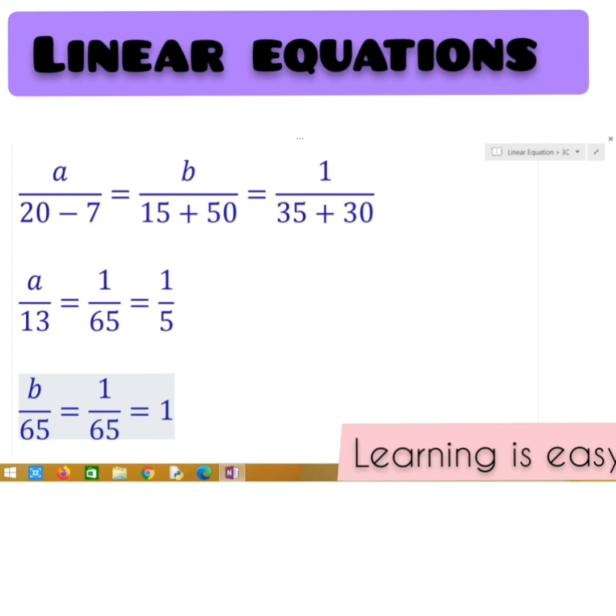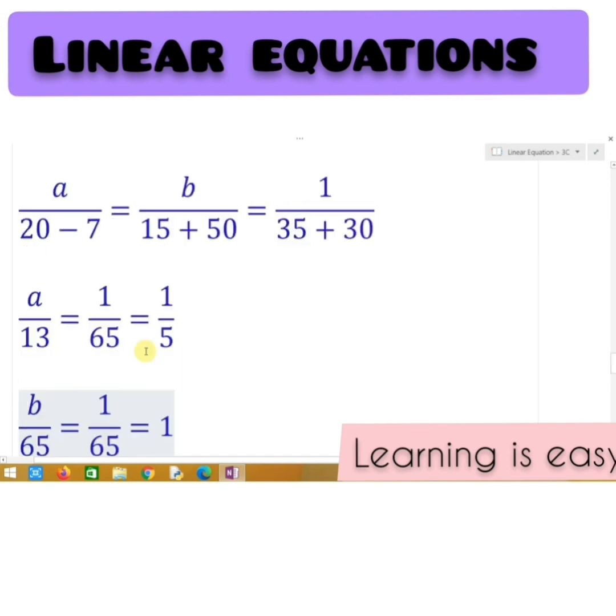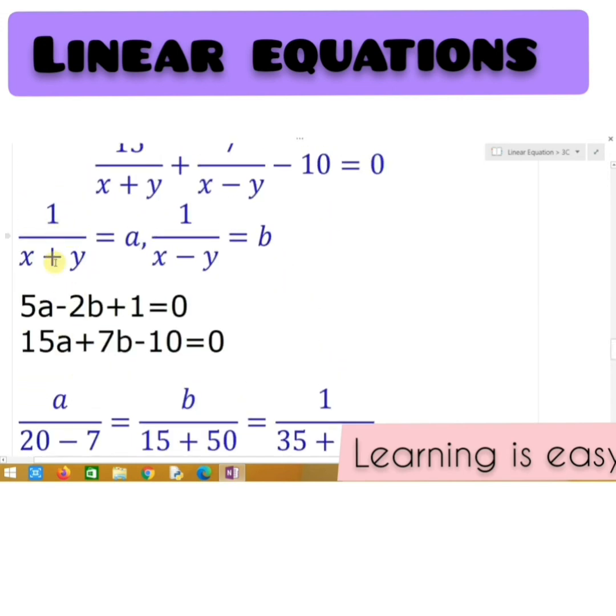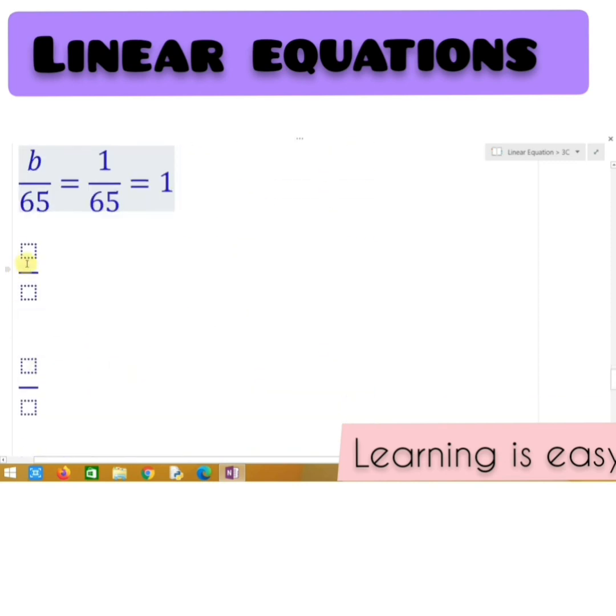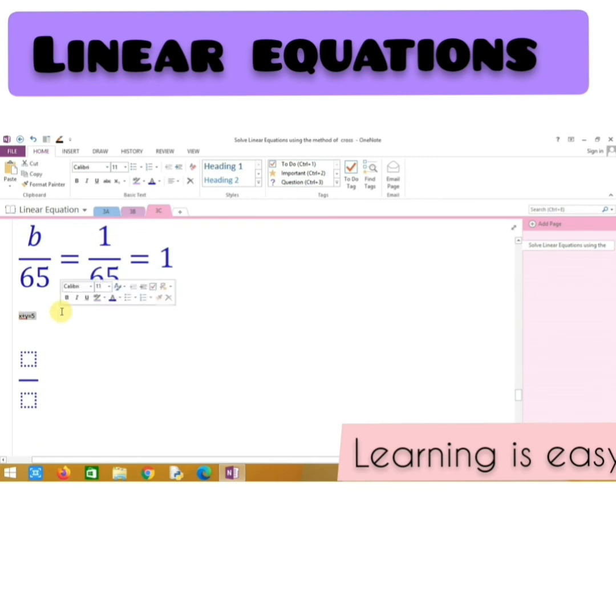So now we know already a is 1 by x plus y. So 1 by x plus y equal to 1 by 5, which can be written as x plus y equal to 5. So need to increase the font size.